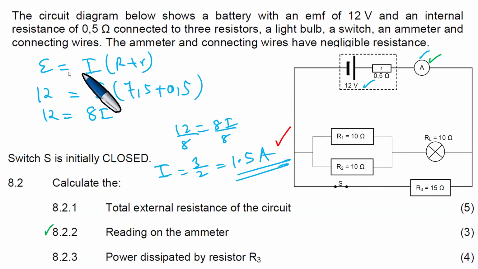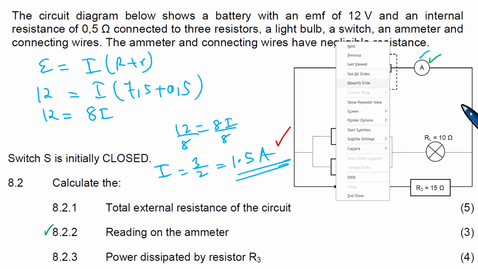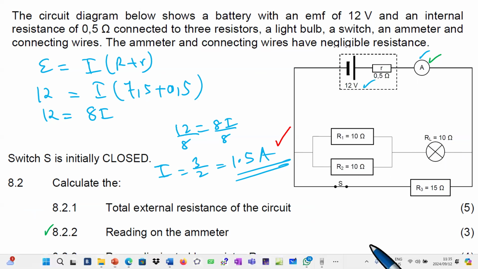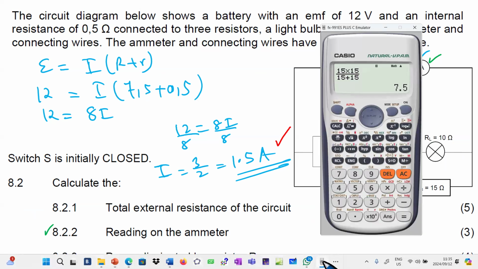So obviously, for the EMF, we must use this formula, and therefore we must add both the external and the internal resistance. Okay, I was trying to see why your answer was different. But now I can see that obviously you said 12 divided by 7.5, so you left out the 0.5. But now always for EMF, we must use this formula. So now that is something that is very important.